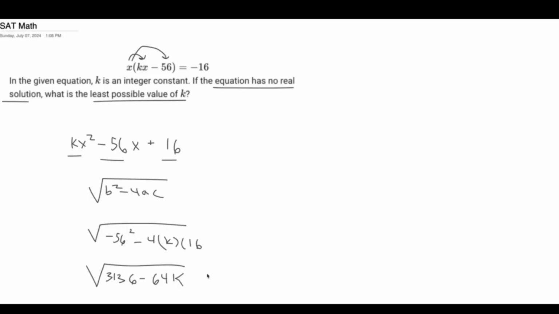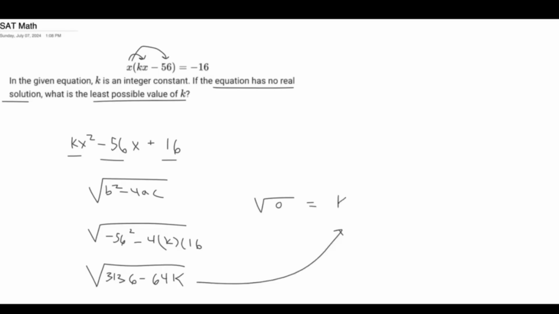As we said before, we want this discriminant to be negative, but it also has to be the least possible value of k, and it's an integer value, so we don't want any decimals, right? So first off, let's just find the value of k that makes this 0. Well, k would have to multiply by 64 to give us 3,136.